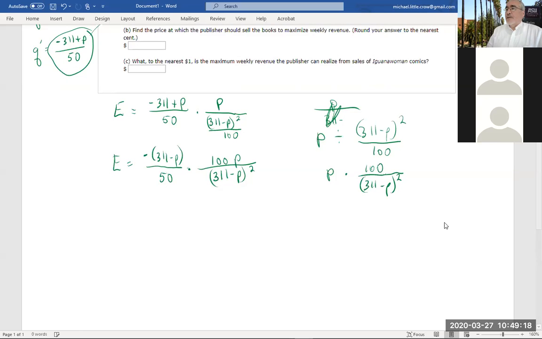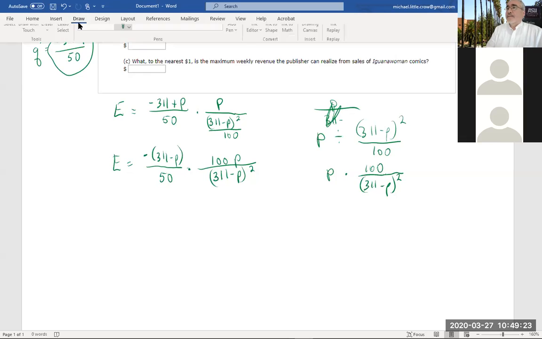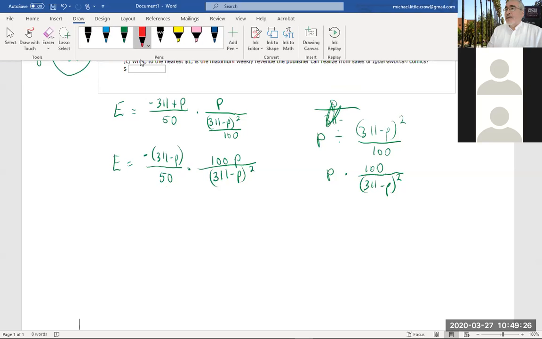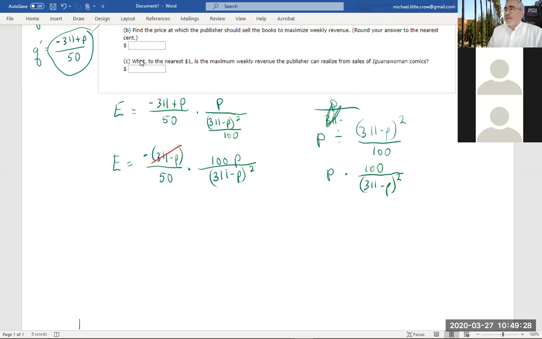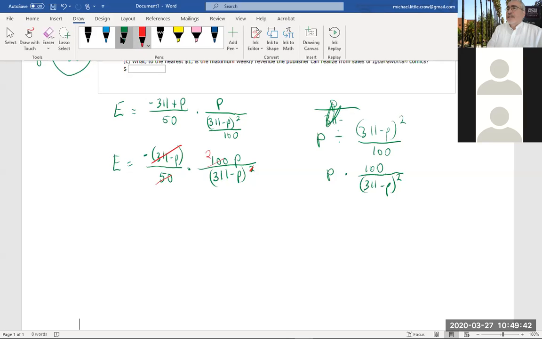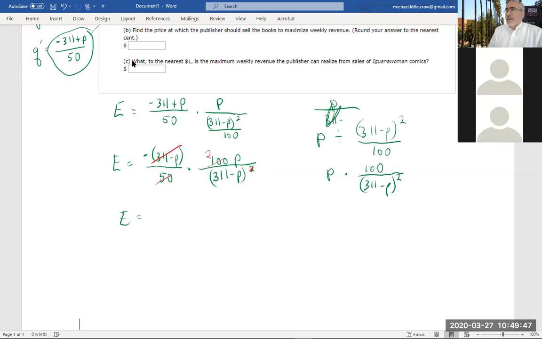So now with multiplying, 311 minus p cancels with one of these because it's squared. There's still this negative. 50 goes into 100, that cancels there, leaving 2. So in the end, we've got this minus 2p in the top and 311 minus p in the bottom.